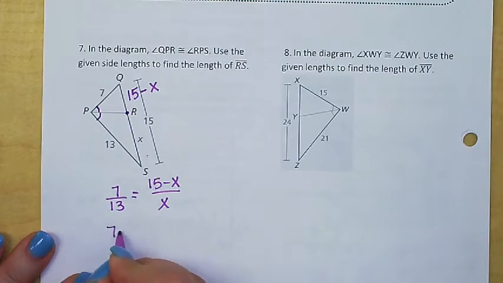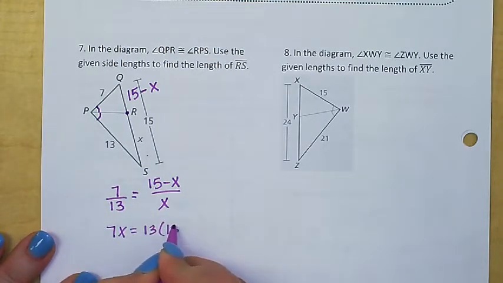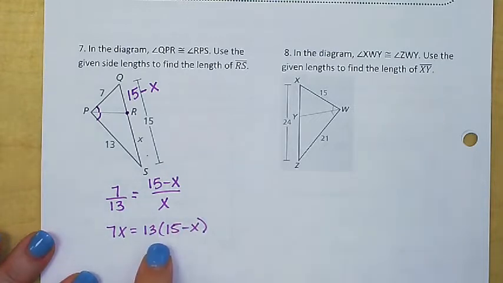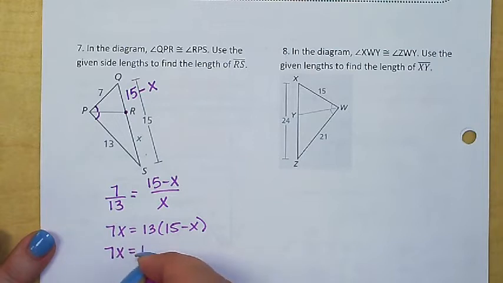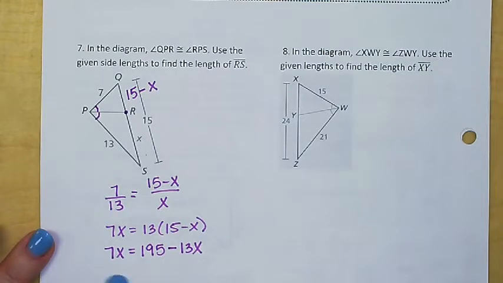7 times x is 7x, and 13 times that difference is going to look like this. Don't forget to distribute. So when we do 13 times 15, we get 195, and then 13 times x is minus 13x here. And then all we have to do is add those 13x on to this side.